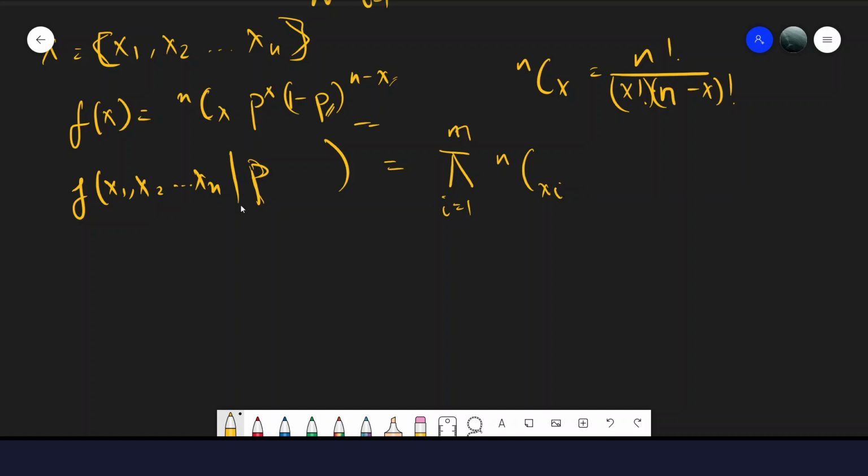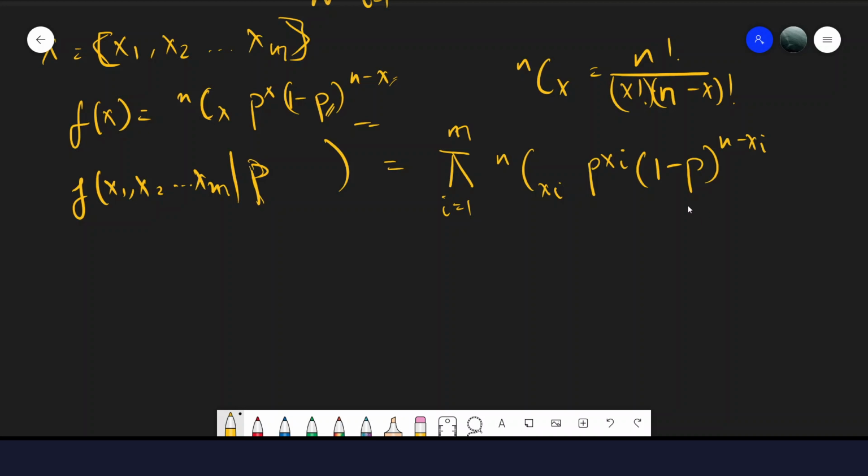Here i is the data point. I think we'll get confused with all the N, so I'll take this as m. The data points are m, okay? NCX, p^xi into (1 minus p)^(N minus xi).